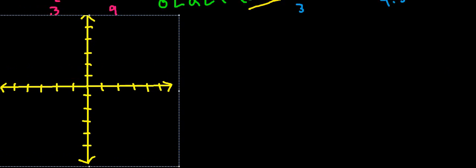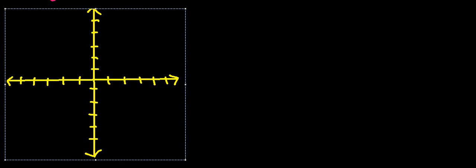So let's now look at the graph. Let's first graph our normal function, x squared, so we can compare it to the other one. It starts at 0, 0, it goes to 1, 1, and minus 1, 1. It's symmetrical. Then it goes to 2, 4, minus 2, 4, and it goes to 3, 9, which is off of my graph.